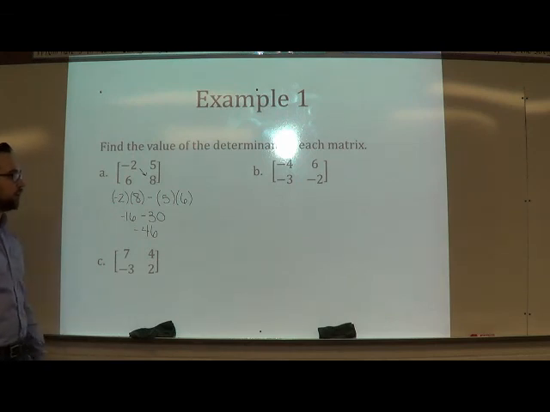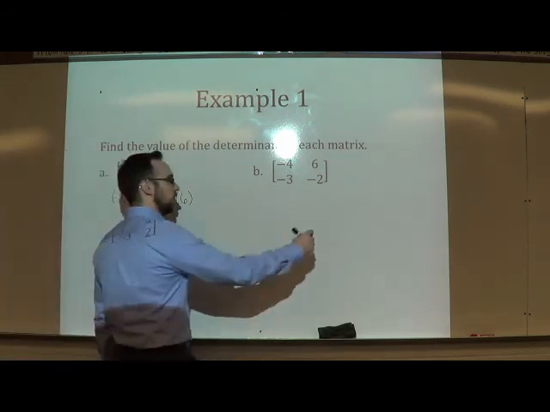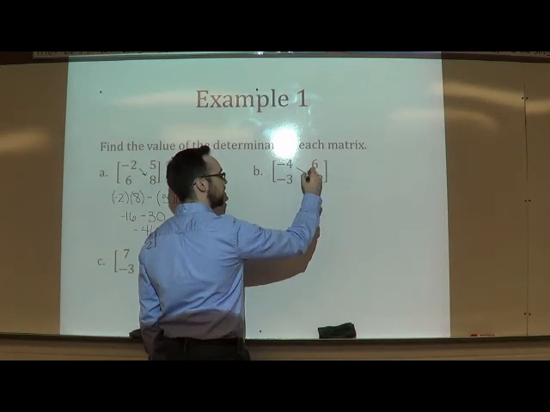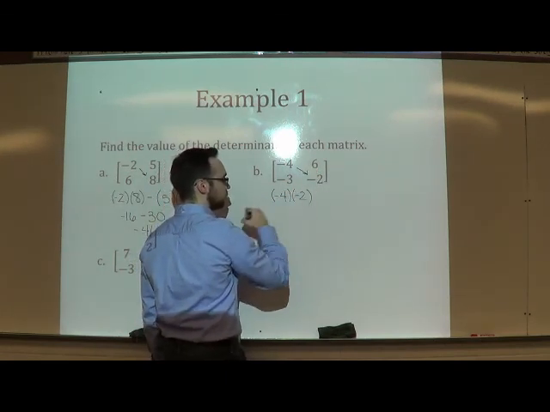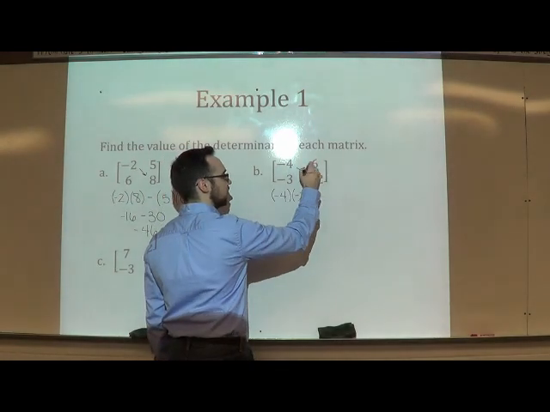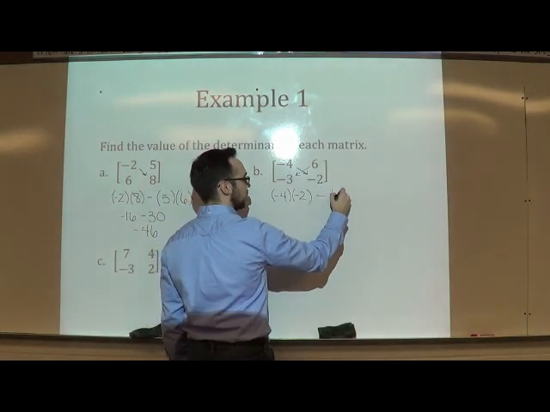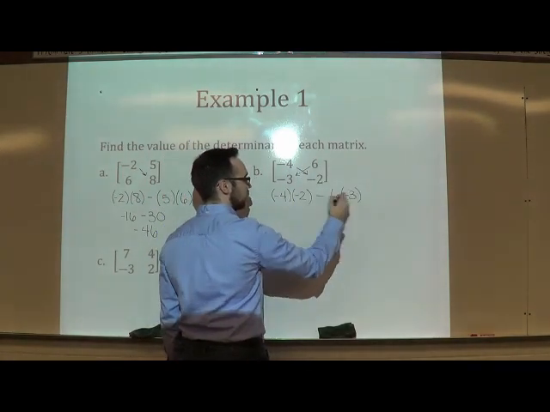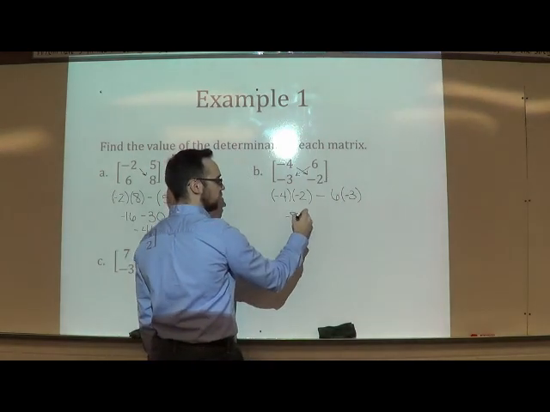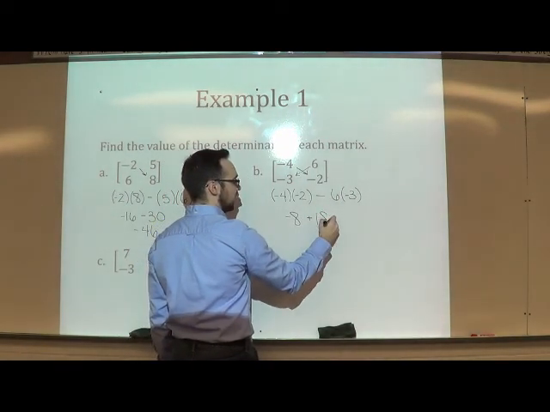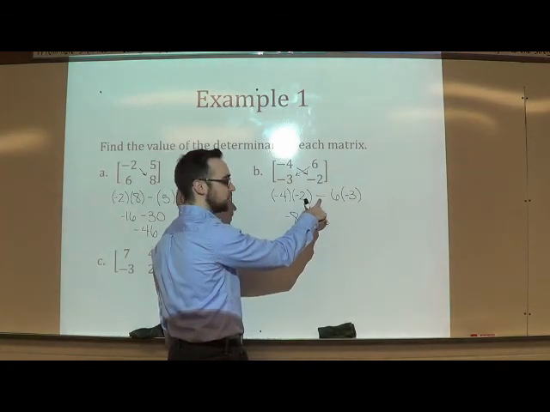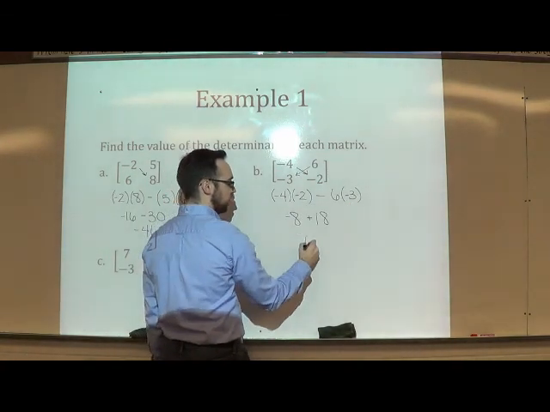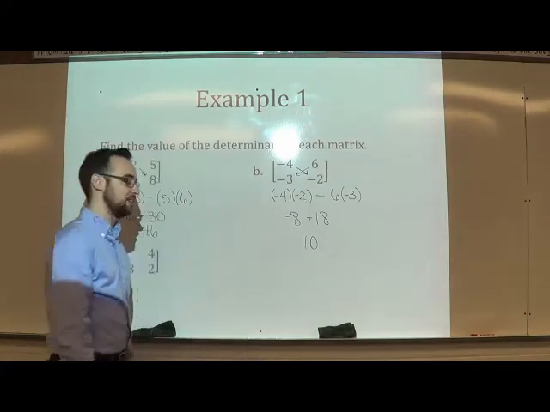Let's go ahead and jump into the next one, part B here. We're going to have negative 4 times negative 2 minus 6 times negative 3. So we have negative 8 plus 18, because we have negative 18 with the subtraction, the double negative gives us a positive, so we end up with a positive 10.